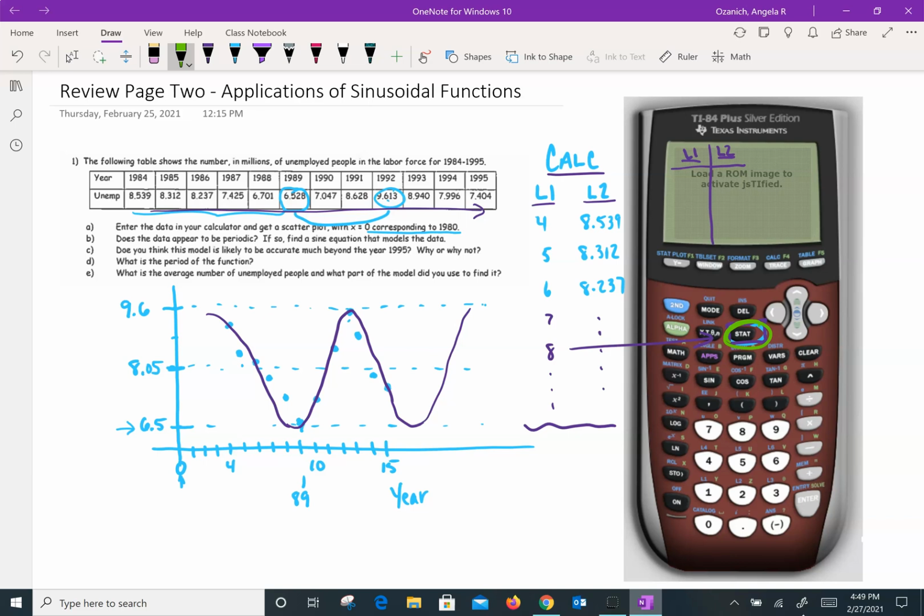Then after you do that, you're going to go back into the stat button. Oh, I'm sorry, I misspoke.